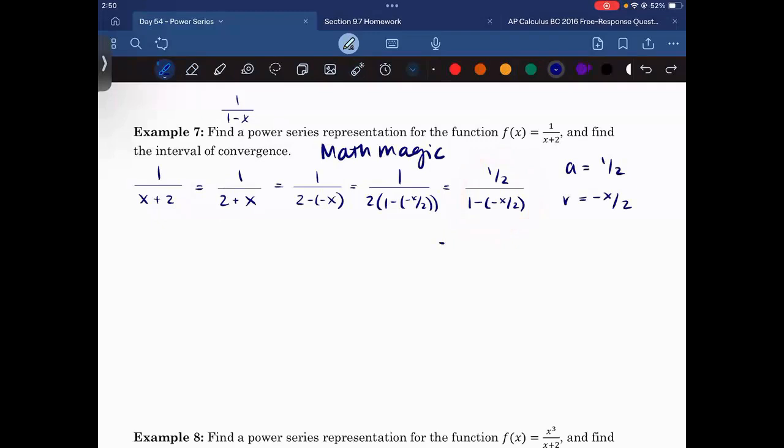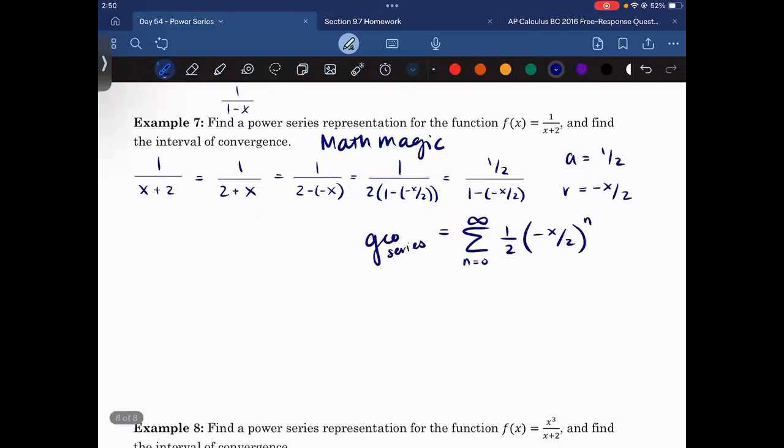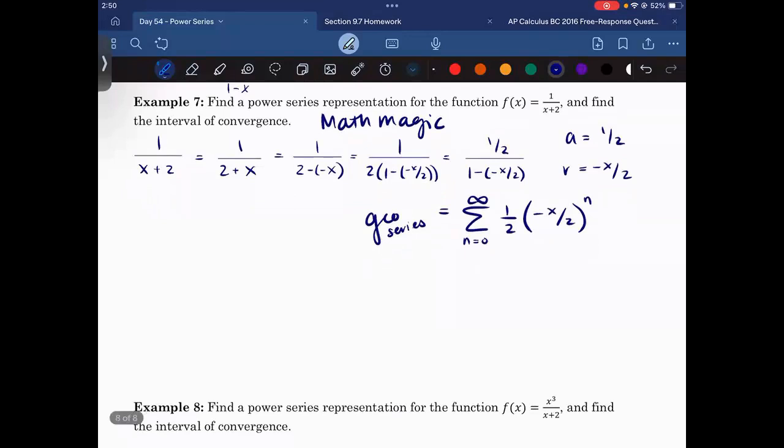Okay, so with that, we're going to plug this into my series. Fantastic. So this is my geometric series that we used from the last couple of ones. And then we have the absolute value of -x over 2 is less than 1 because that's where the geometric series converges.